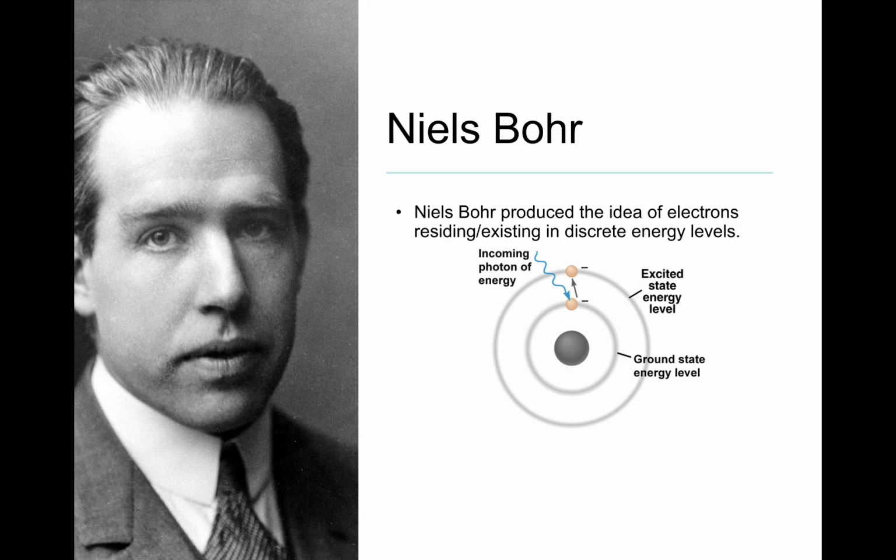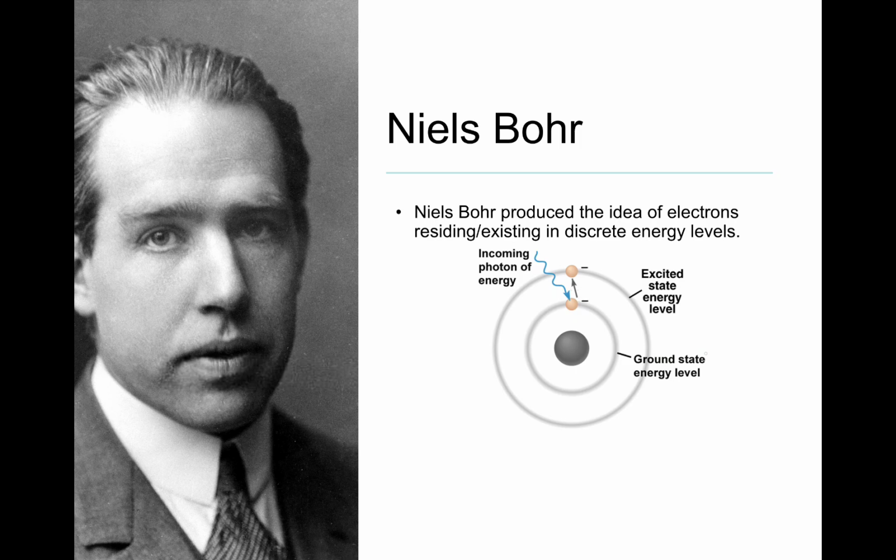A photon is basically a light ray. So light can come in, or you could say electromagnetic radiation, which if you've done waves is stuff like X-rays or light or UV light or gamma rays. They can come in and hit an electron that's in orbit in one of the energy shells.